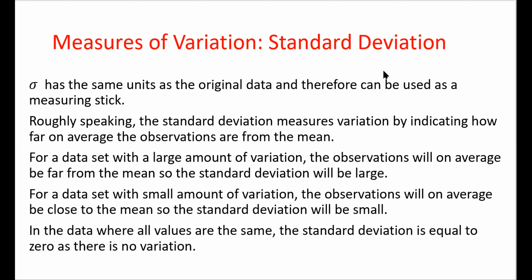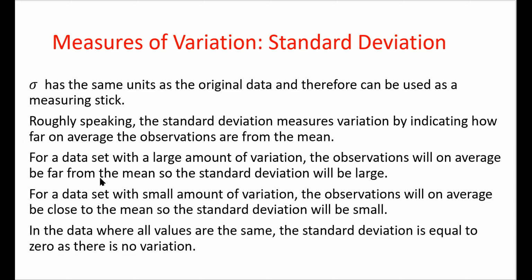So a couple of notes that summarize what we just learned. Sigma has the same units as the original data and therefore can be used as a measuring stick. Roughly speaking, the standard deviation measures variation by indicating how far, on average, the observations are from the mean.